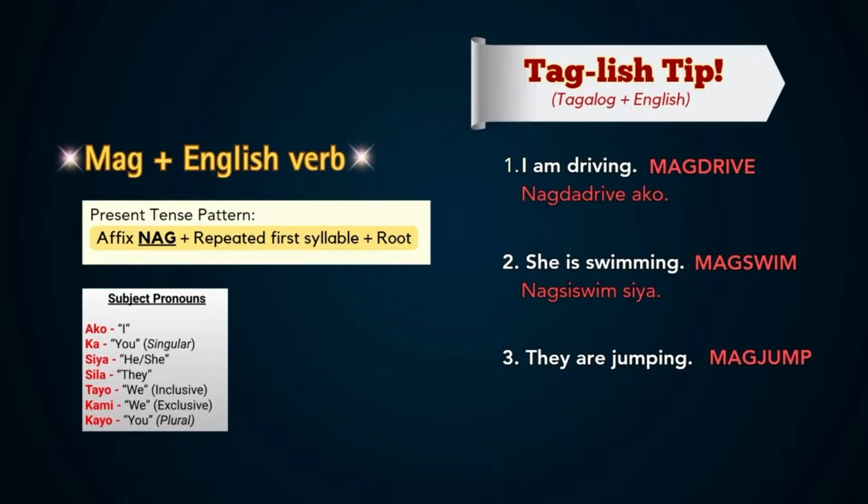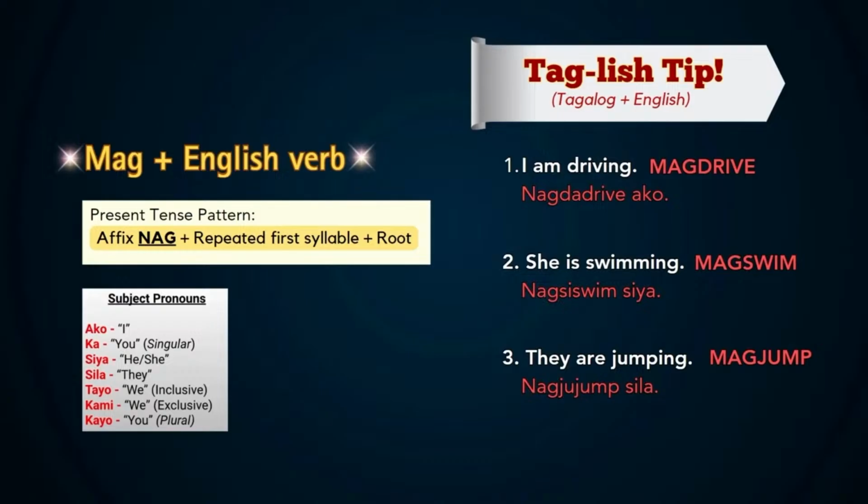How would you write they are jumping in Taglish form? In Taglish, you could say, nagja-jump sila. They are jumping. Nagja-jump sila. So the affix is nag, then there's a repeated first syllable or sound, and then the root.